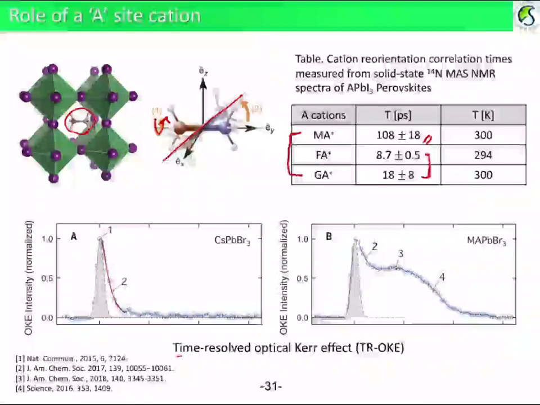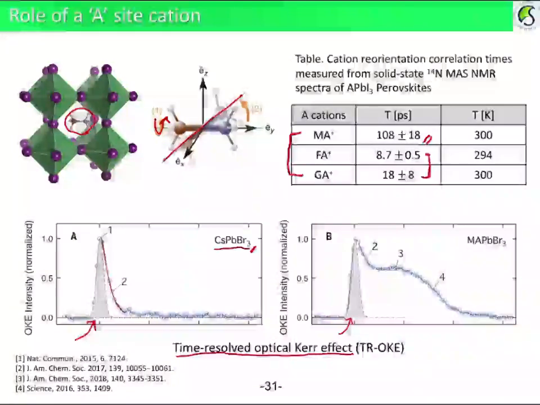Using the time-resolved optical Kerr effect measurement, once we excite the perovskite film with light, in the case of cesium lead bromide, there is a very fast change in refractive index of the film, which is due to the response of the inorganic lattice to the exciting light.